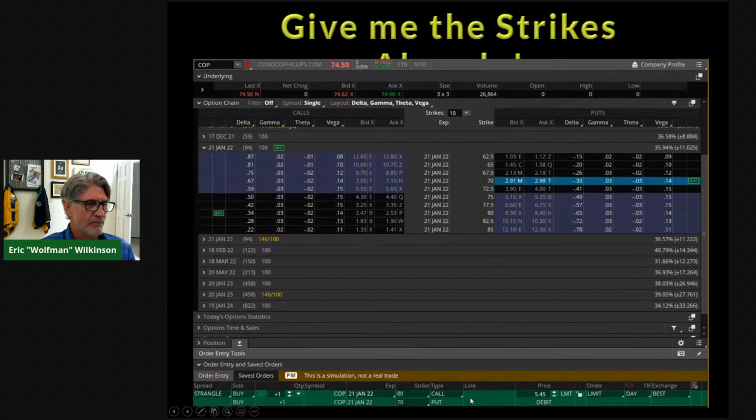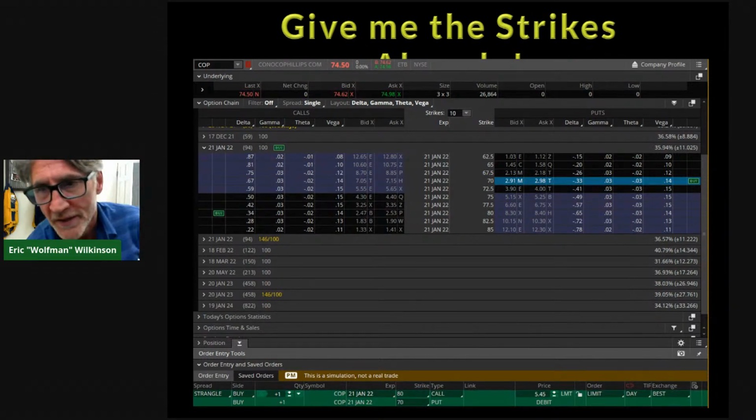What was I going to say? So basically going equal distance away, $5.45. Now, a lot of you folks are probably going, dude, you always give us a pretty good breakdown of how much we should spend versus our risk reward. Well, with the long straddle and the short straddle, it's really hard to come up with a percentage. It should be less than probably 10%, which will almost always happen.